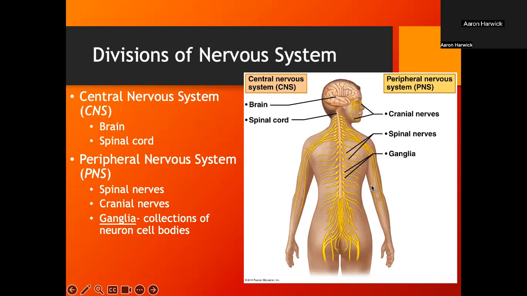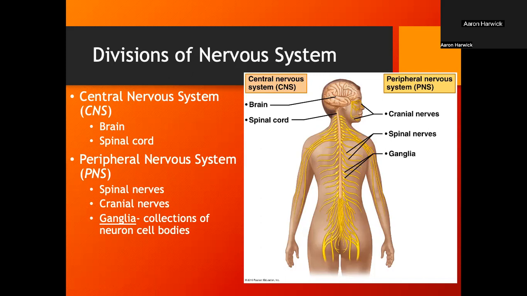The peripheral nervous system is outside of the central nervous system, consisting of the nerves that extend from the brain and spinal cord, as well as the ganglia. The spinal nerves basically carry impulses to and from the spinal cord, and cranial nerves carry the impulses to and from the brain.